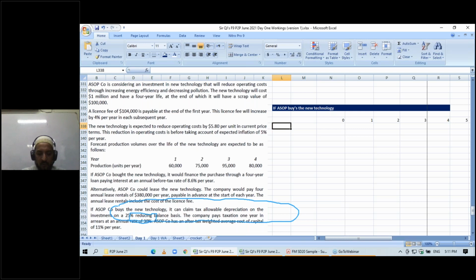So the first cash flow will be the capital expenditure, which will occur in year 0 and which is 1 million.